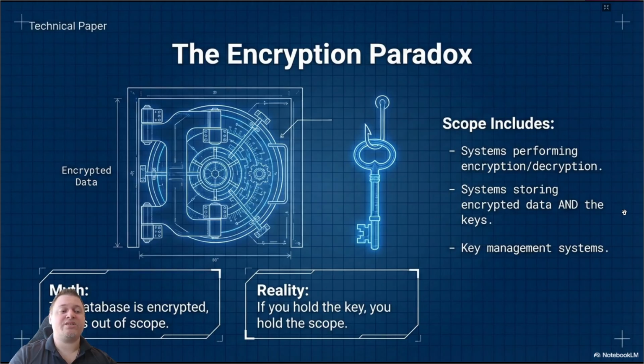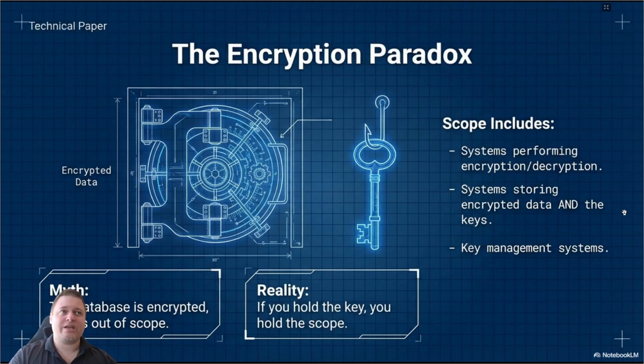If the same place holds the key to decrypt the information, then it's a myth. The reality is, if you hold the key, you hold the scope. Let's say a server encrypts all the data and the data is encrypted. If I hold the key to decrypt that, I need to be in scope.